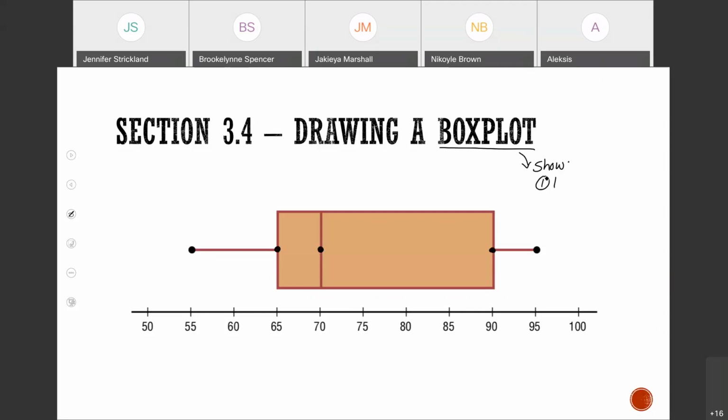It's going to show the minimum, Q1, the median, Q3, and the maximum. To do a box plot, you have to have those 5 particular values. We call that the 5-number summary: minimum, maximum, the 2 quartiles, and the median.